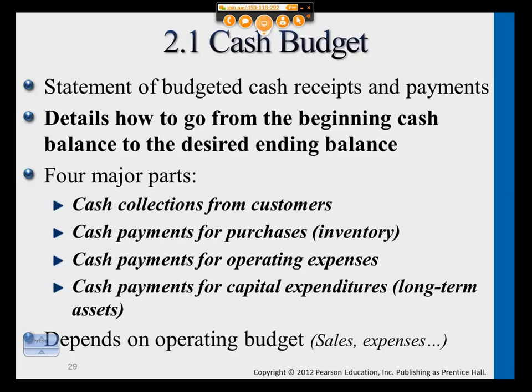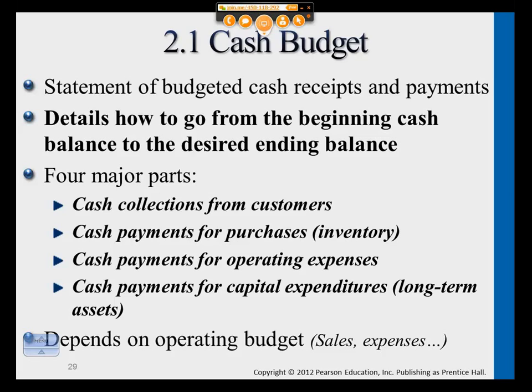Okay? And we'll have our 4 major parts here. That's cash collection from customers, cash payments for purchases and inventory, cash payments for operating expenses, and the capital expenditures such as long-term assets, right? Plants, equipment, all of those.